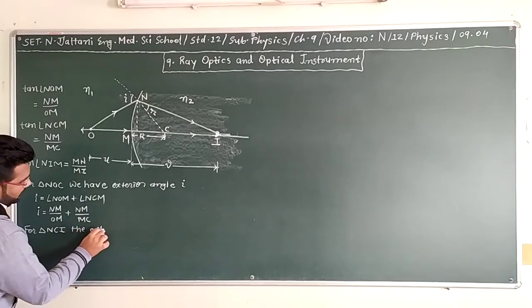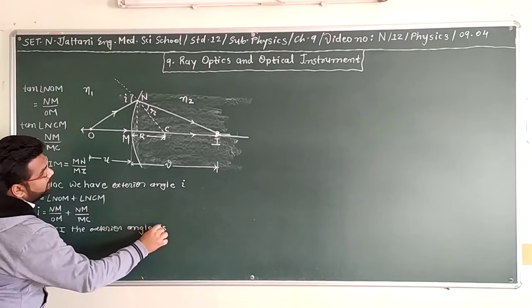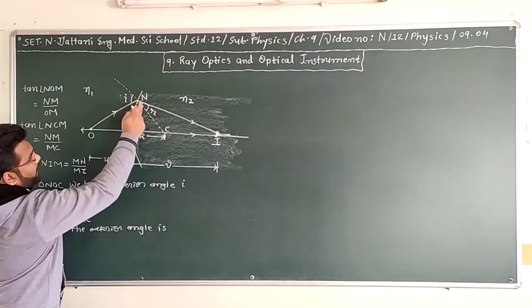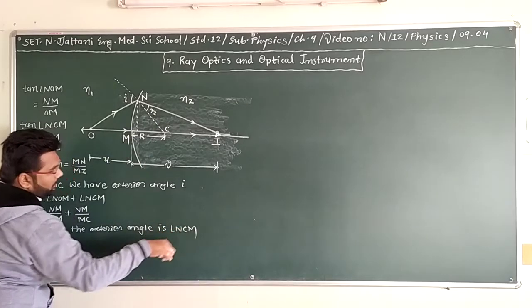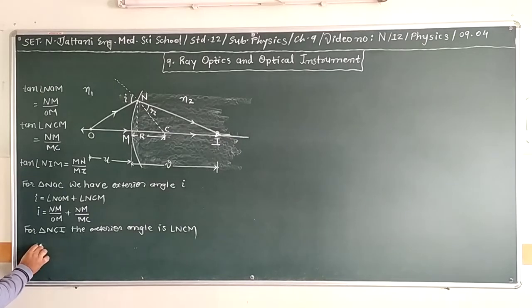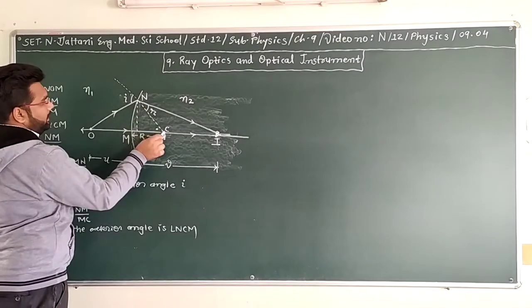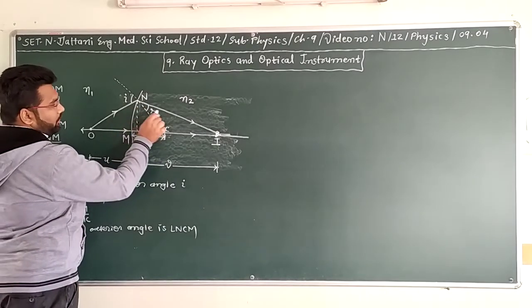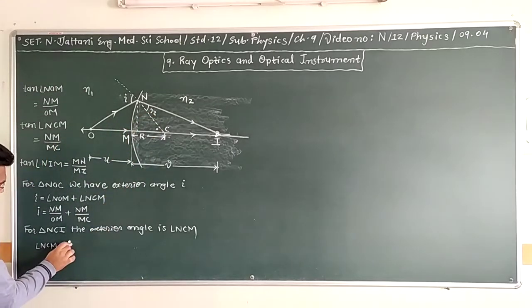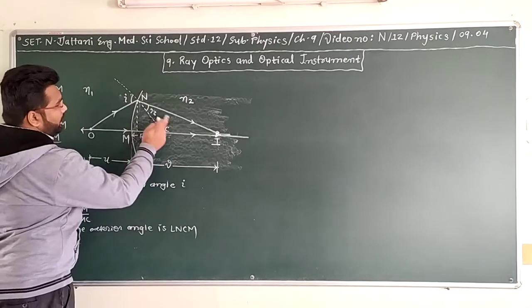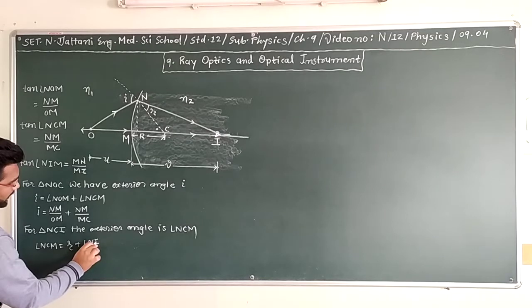So angle NCM is equal to the sum of the interior angles r and NIM.